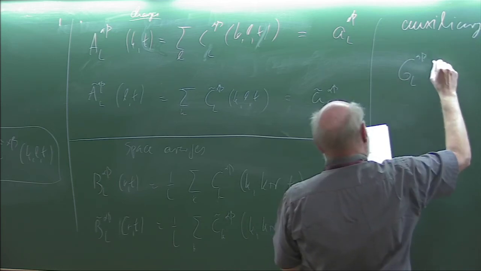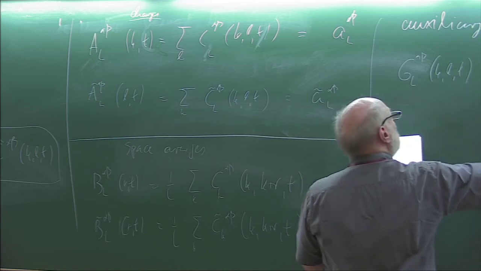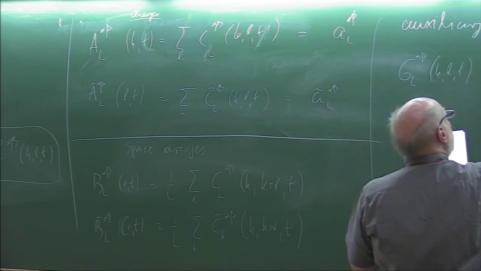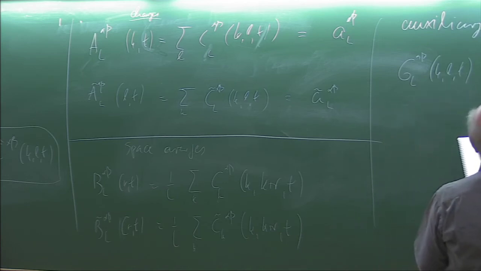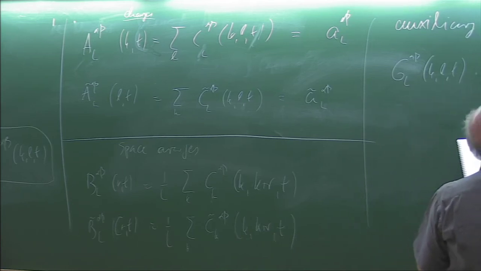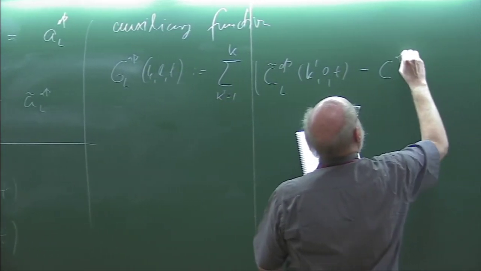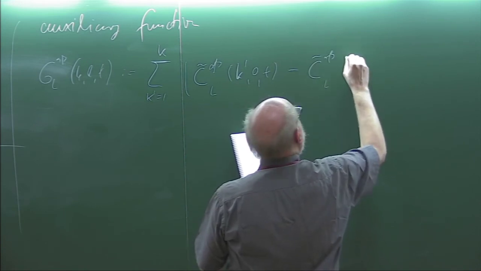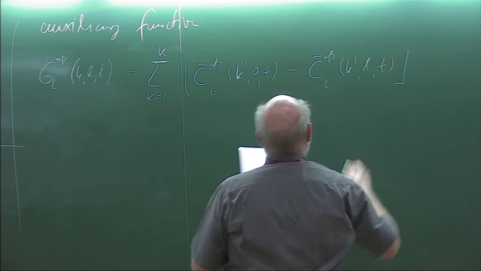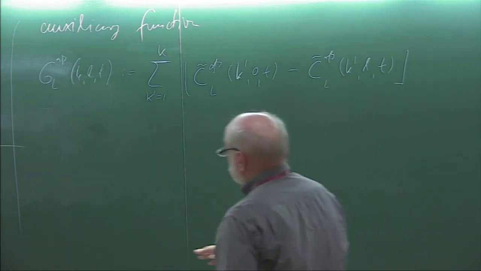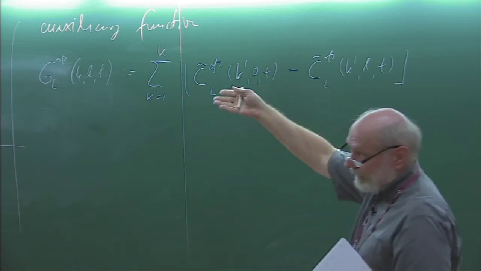G_L^{αβ}(K, L, T), which I define to be the sum over K' from 1 to K of C̃_L^{αβ}(K', 0, T) minus C̃_L^{αβ}(K', L, T). This G is defined with the tilde functions. I omit the tilde because I don't need another G.